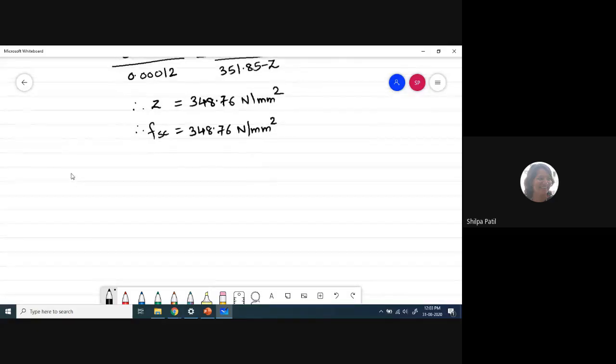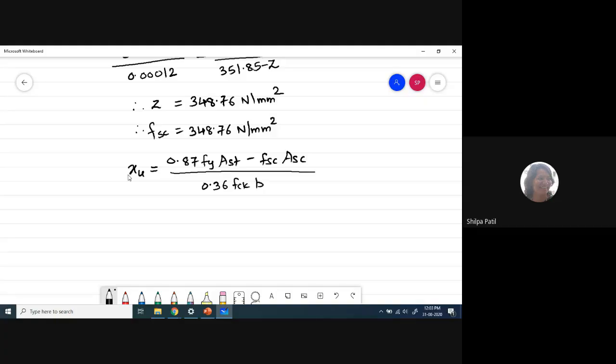So XU is equal to, I will simply write down the formula here. You have to write down all the values again: 0.87 FY AST minus FSC into ASC divided by 0.36 FCK B. Put all the values and tell me the XU value.